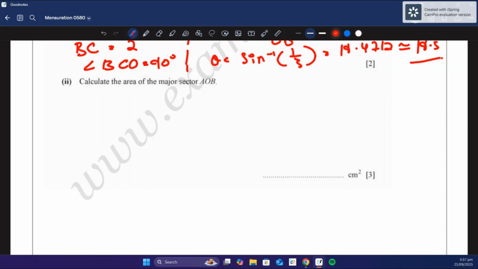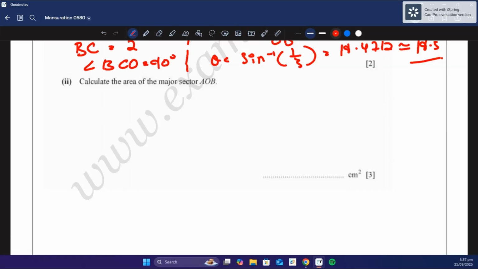The area of the sector is equal to 22.5 pi, which would give us 70.6858.